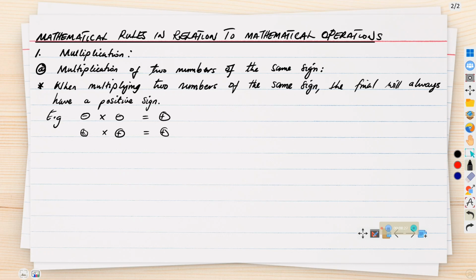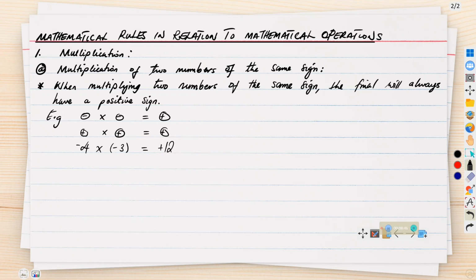Let's say you have negative 4 times negative 3. The final answer will be positive, because negative times negative is always positive. Then you say 4 times 3, 12.